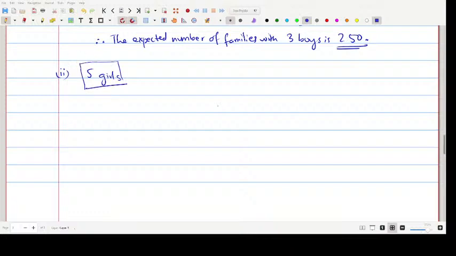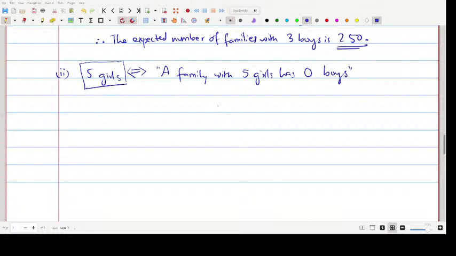So from here we can write the following statement, that a family with 5 girls has 0 boys.